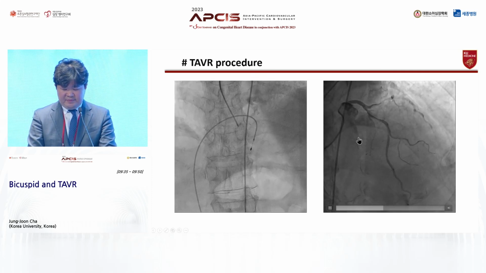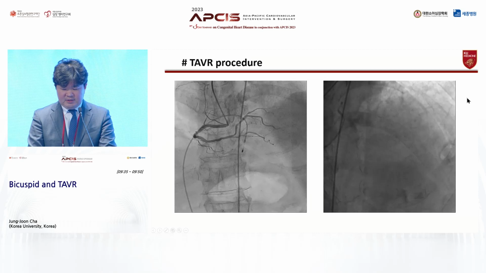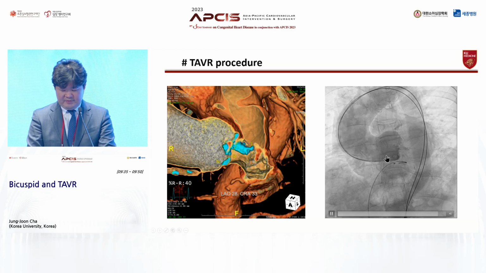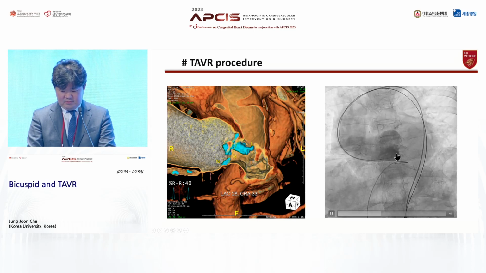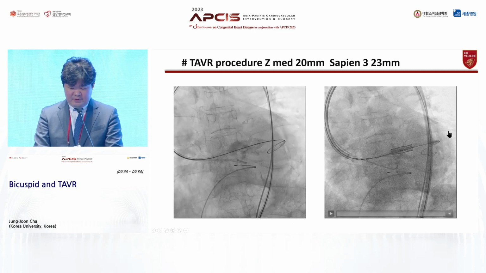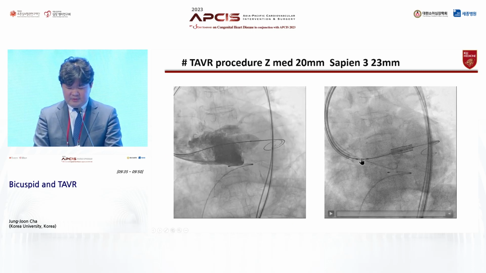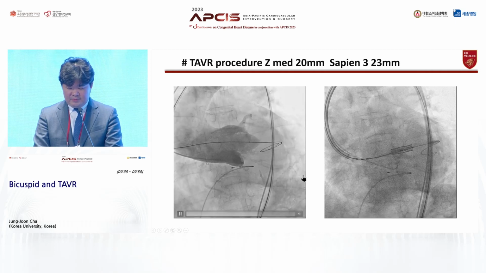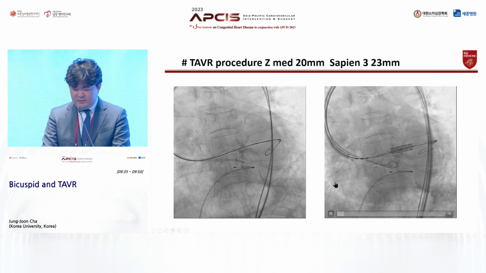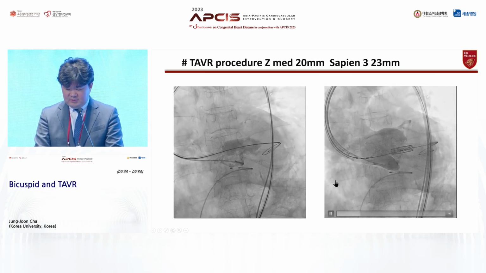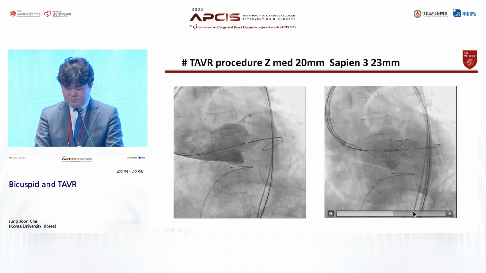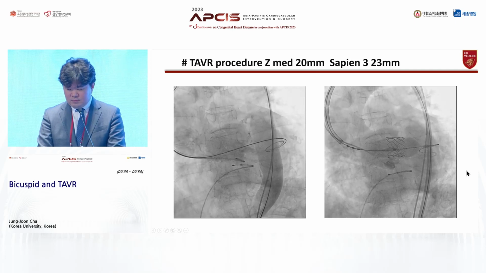So let's look back at the TAVR procedure. He had no significant stenosis of coronary artery disease, and in the aortogram there's the same calcification, from the aortic valve to the LVOT. We did the pre-balloon with a 20 millimeter balloon, and the balloon sufficiently opened the valve, and we went with the SAPIEN 3, 23 millimeters, safely with tachypacing.